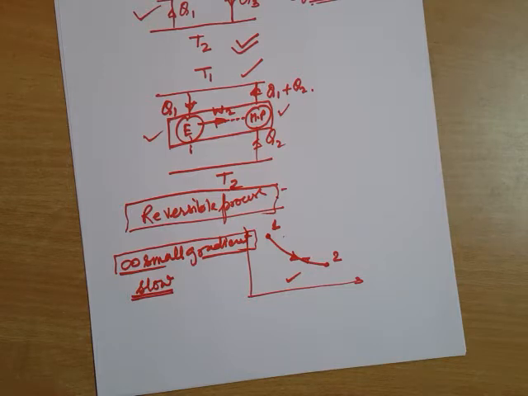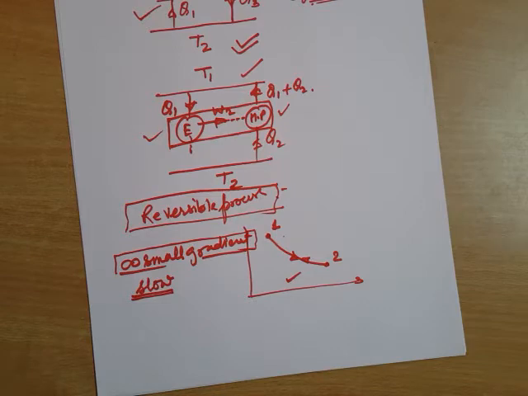Even if you have a finite temperature gradient and you allow that process to occur very slowly, that means the time taken in that process is very large, then that process can be thought of as a reversible process.